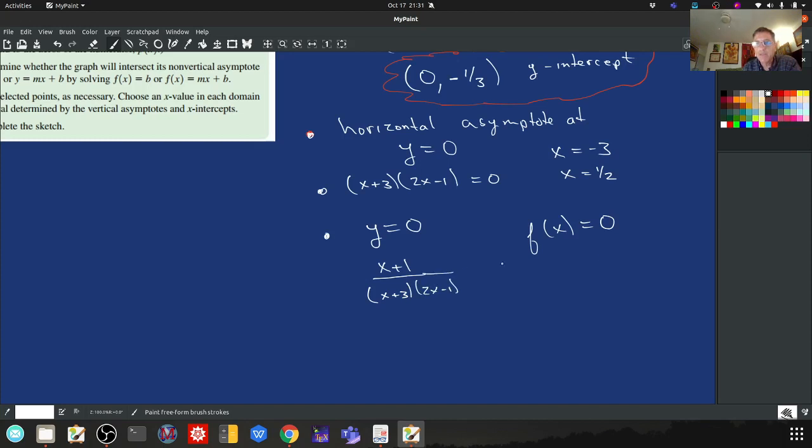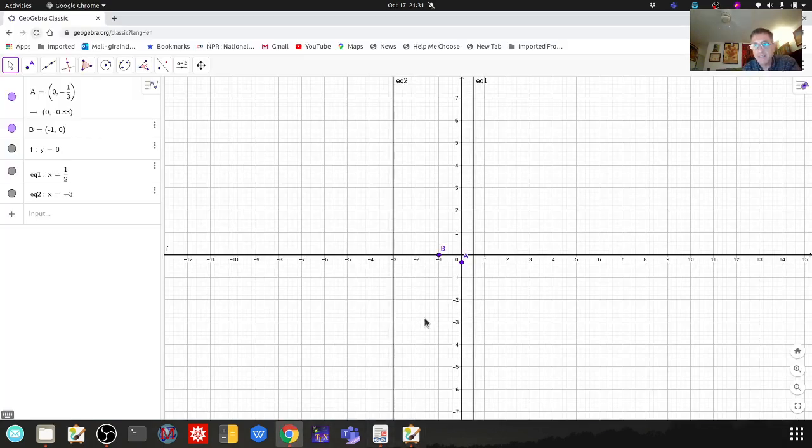But we already discovered that x equals minus 1 is a solution. So we find the value at minus 1, and we already know it crosses at that point, and indeed we have already indicated that point. So it is going to cross the horizontal asymptote right there.